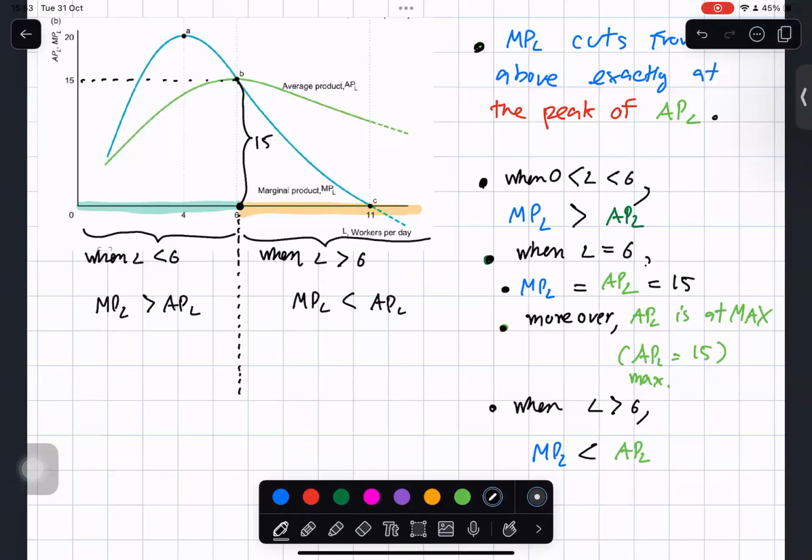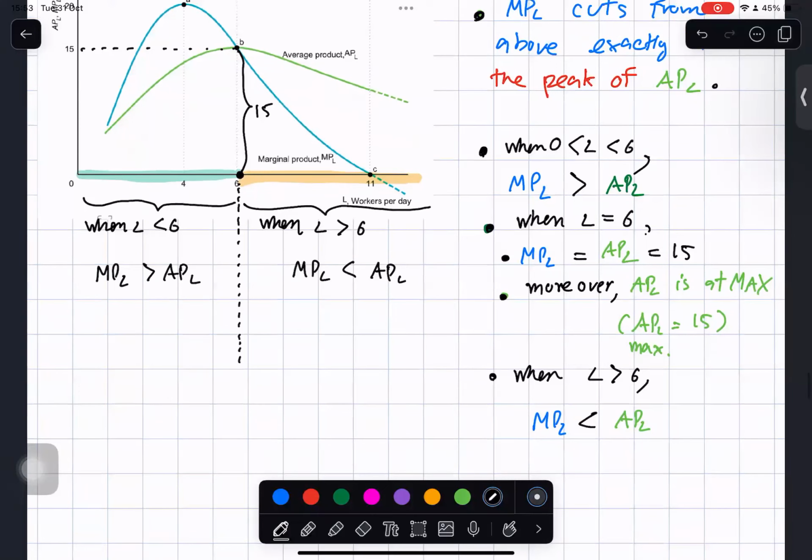So we put the summary here again in the picture, before and after 6. The statements that we're going to deliver are these.